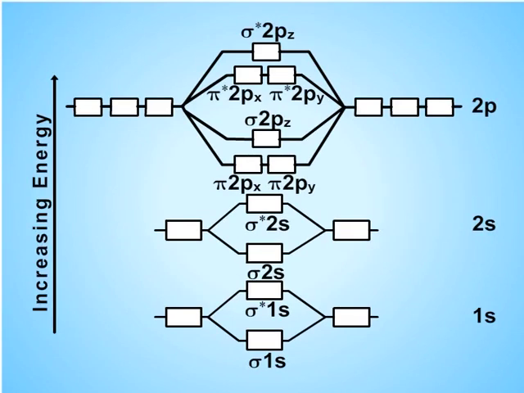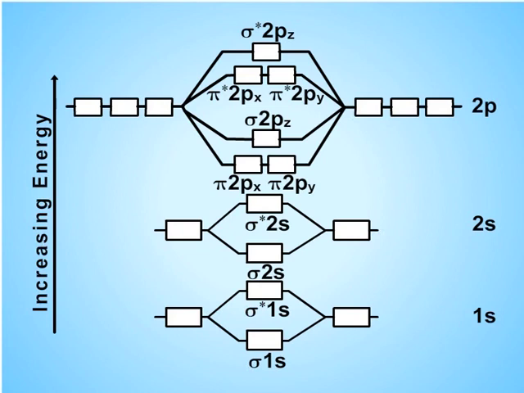By the combination of two 1s atomic orbitals, formation of two molecular orbitals sigma 1s and sigma star 1s take place. The 2s and 2p atomic orbitals of two bonding atoms form 8 molecular orbitals. The 8 bonding and antibonding molecular orbitals are as follows.